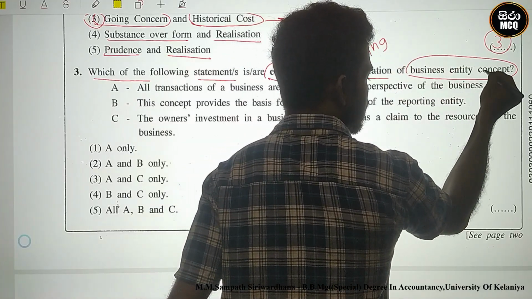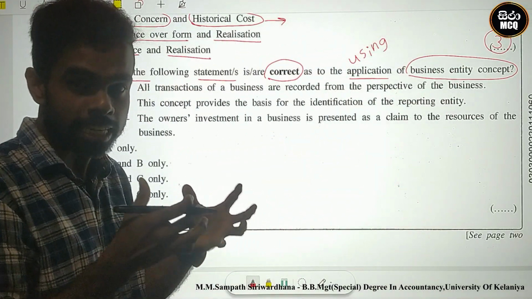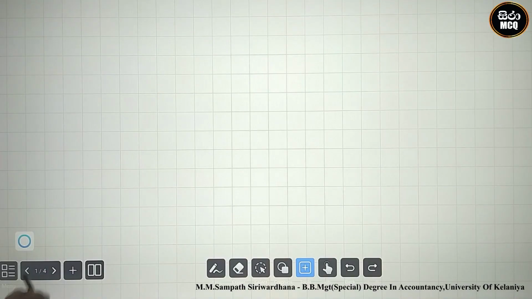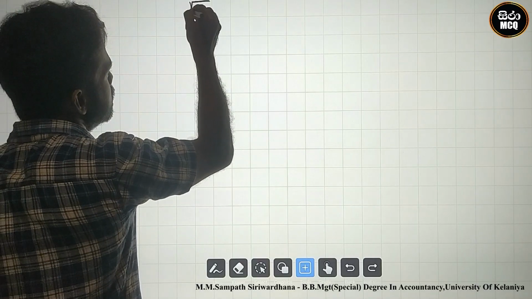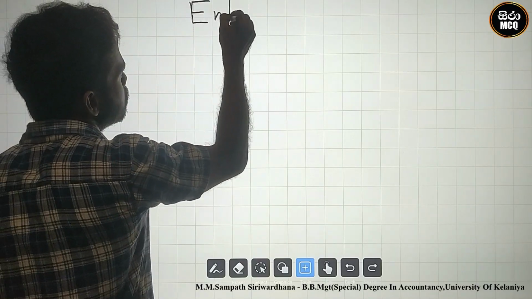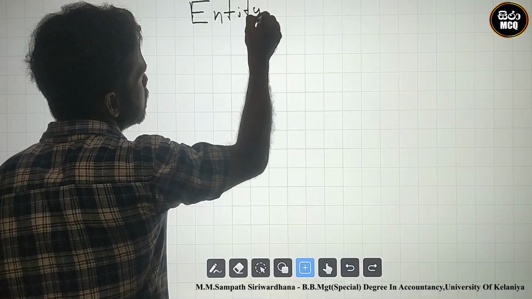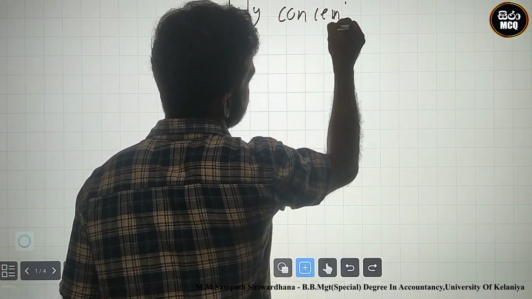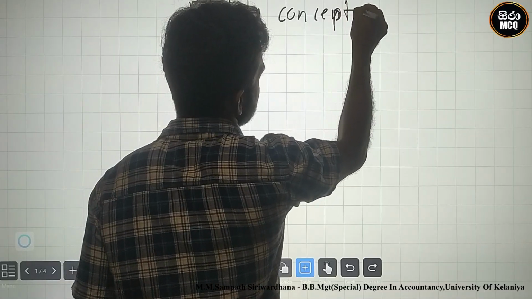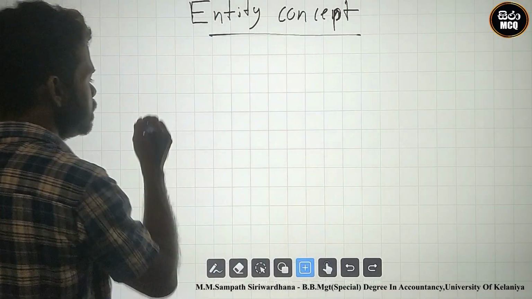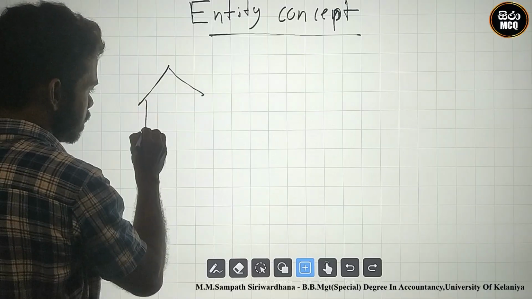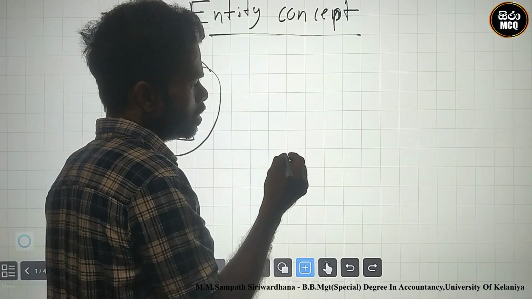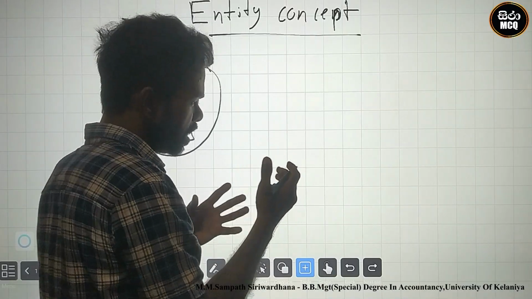Of the business entity concept. What is the business entity concept? Business entity concept means entity concept. Entity concept means there is a business, there is the business area, there are few parties we can identify.